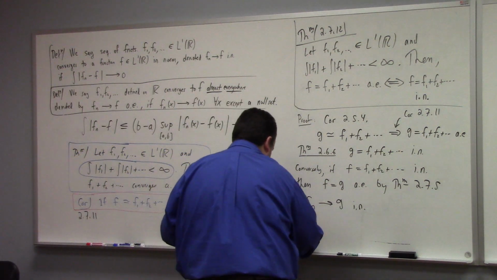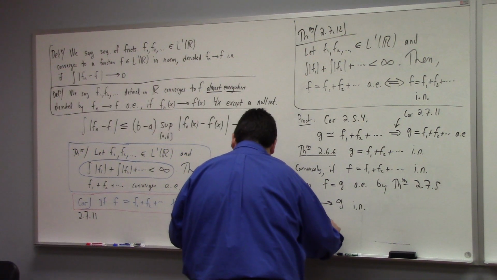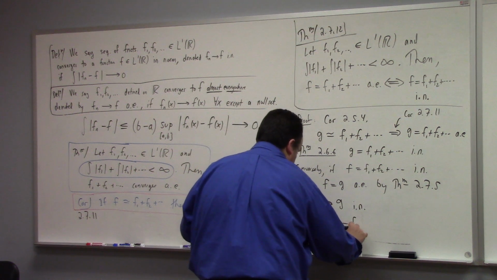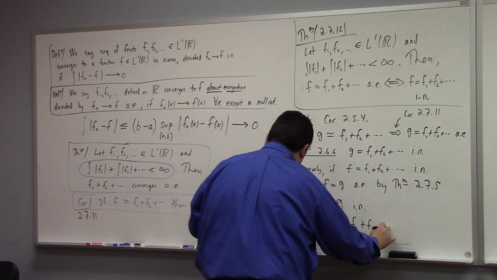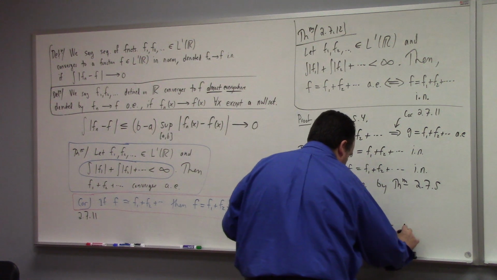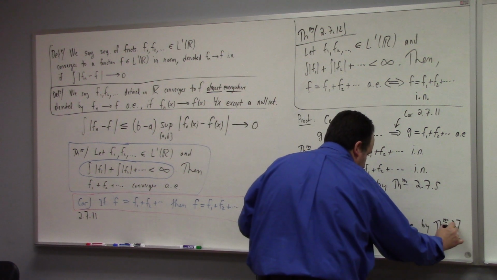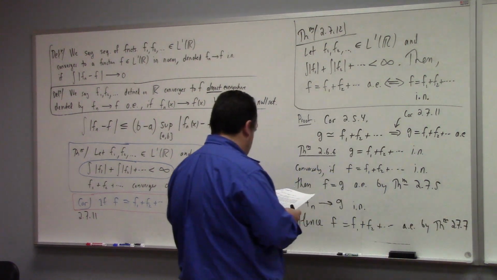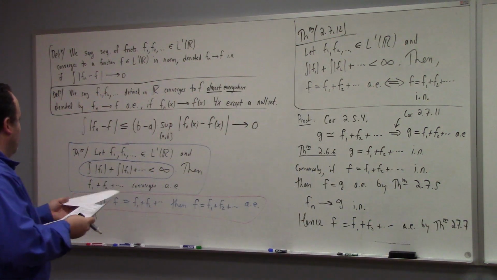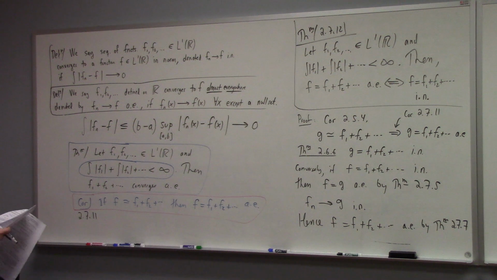All right, so hence f is equal to f1 plus f2 plus and so on almost everywhere by theorem 2.77, which is which one?